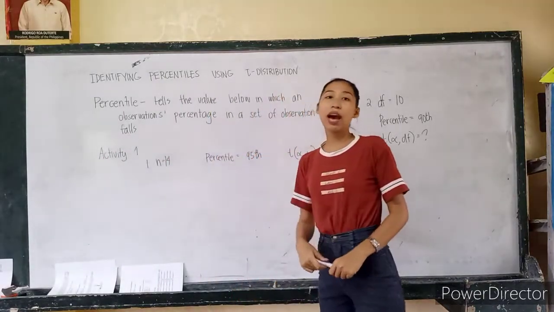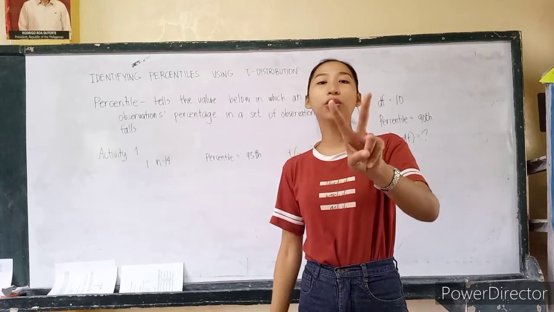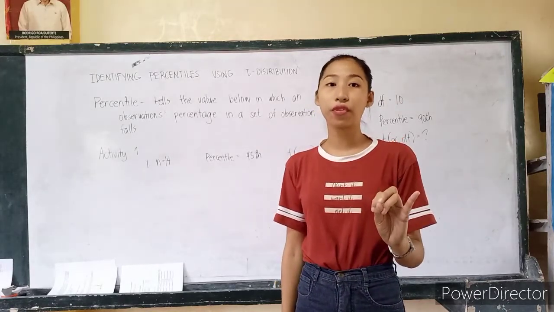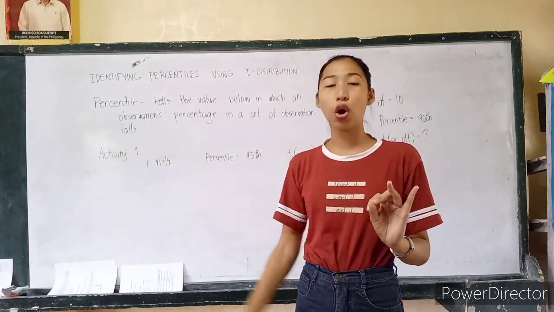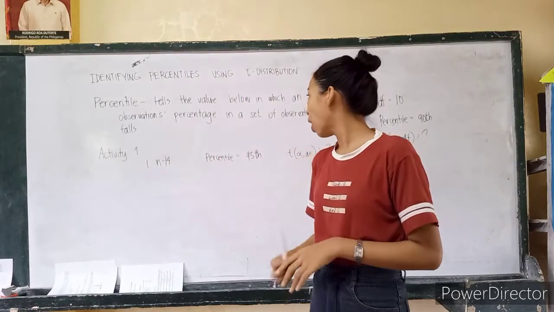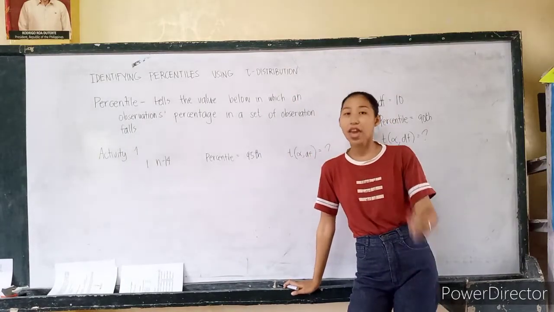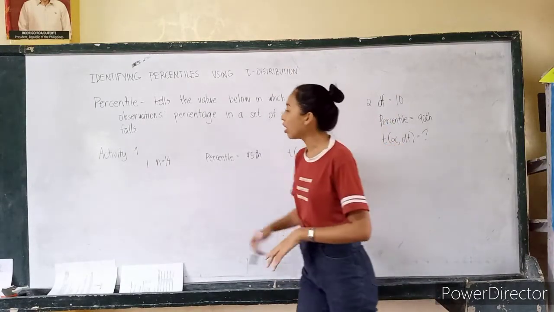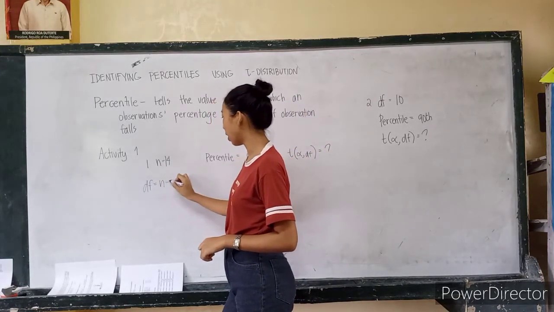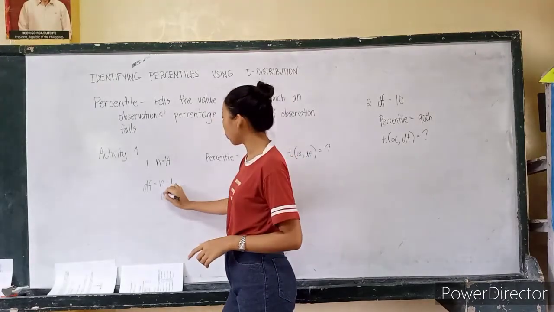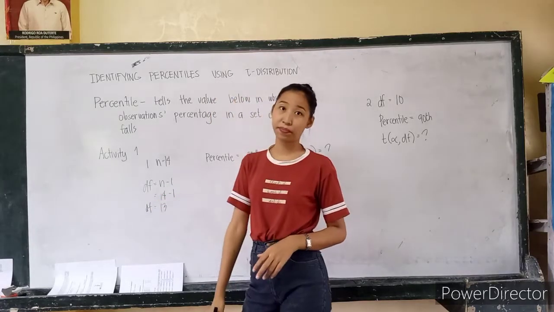Let's go through it one by one. Earlier, I pointed out that to find the t-value using your t-table, we need two numbers: df or degrees of freedom, and alpha, which is in the topmost row. In this problem, degrees of freedom was not given directly. Instead, they gave n, which we can use to find our df using the formula df is equal to n minus 1. So n is 14 minus 1, and our df is 13. Okay?